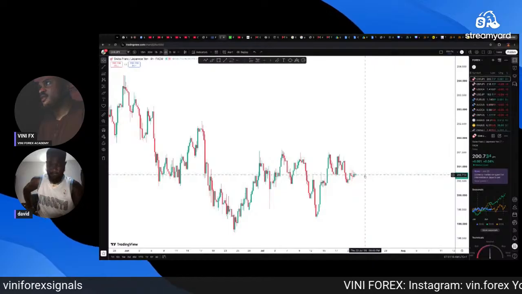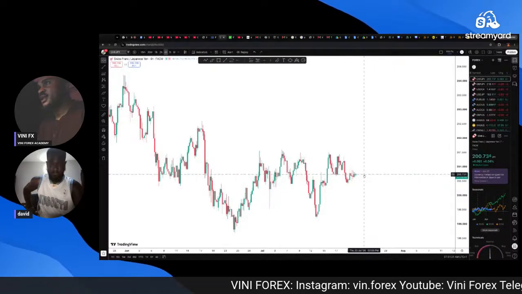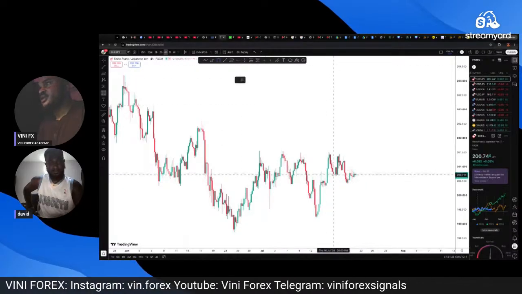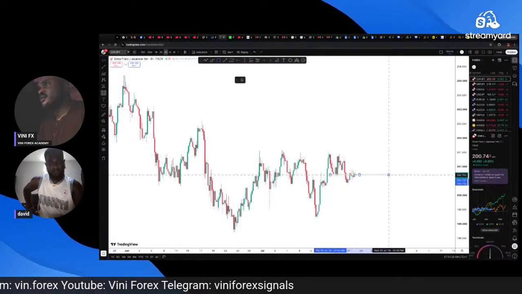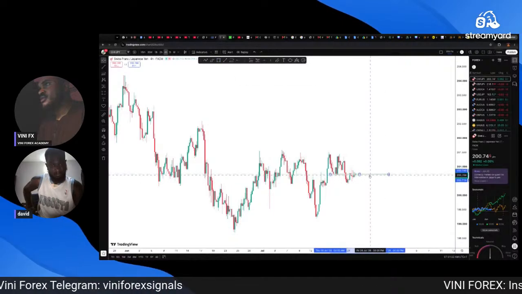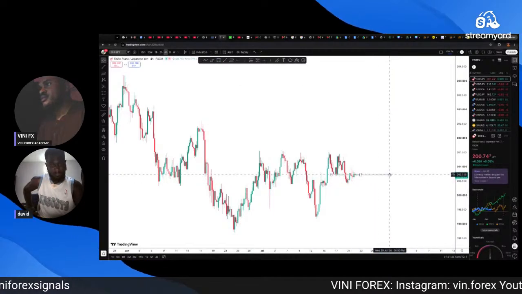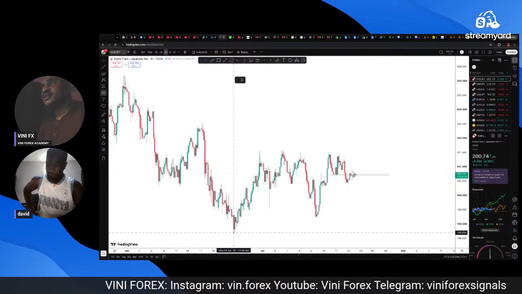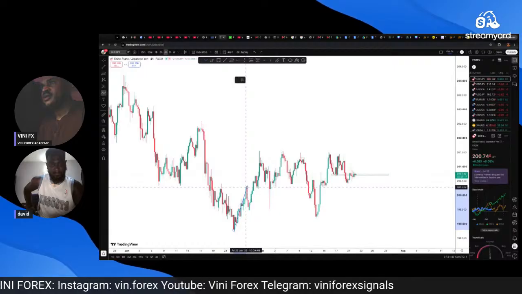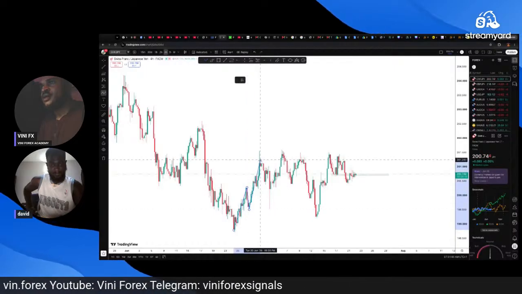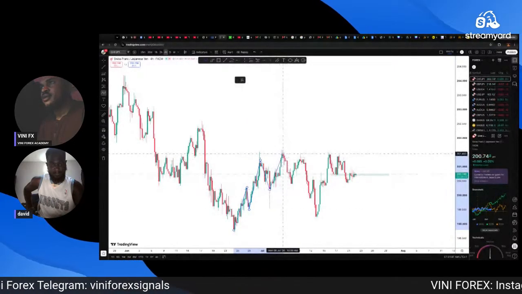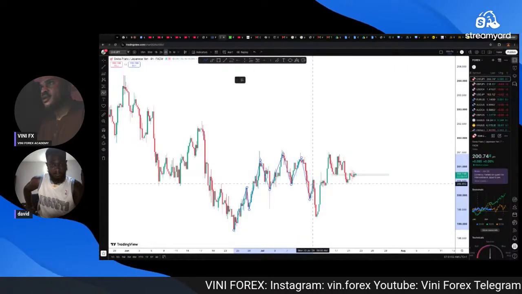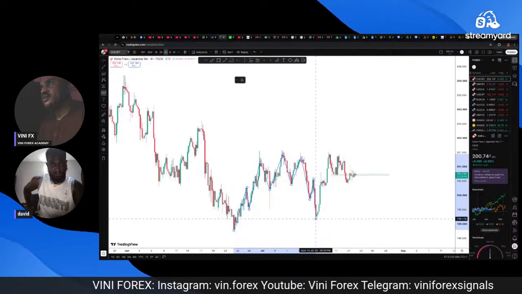I'm seeing a very good sell. Wow. I'm seeing a sell of this CHFJPY. So this market from here, this is a high, this is a low, a higher high, a higher low, a higher high, a higher low, a lower high, a lower low, a lower high, a lower low.